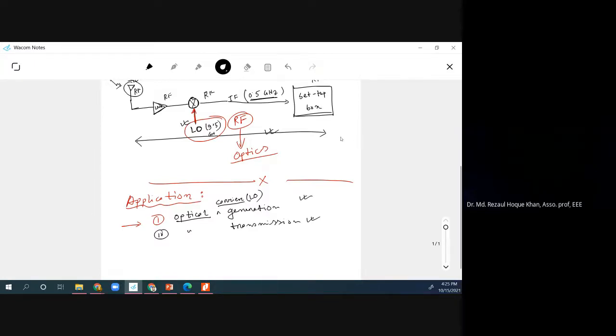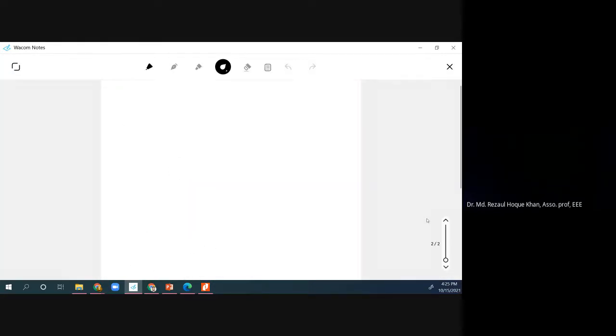Let me give you example two first, optical transmission. Give me an example of optical transmission. Why do we need an optical transmission?